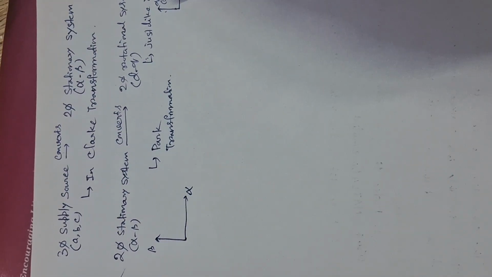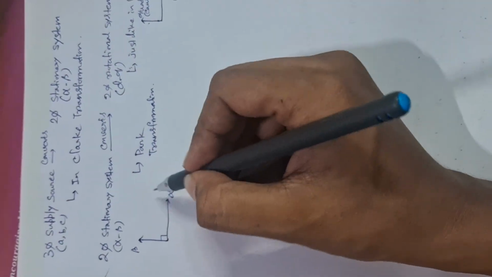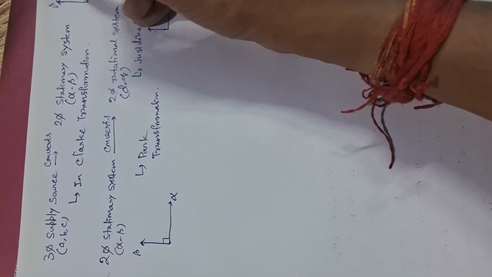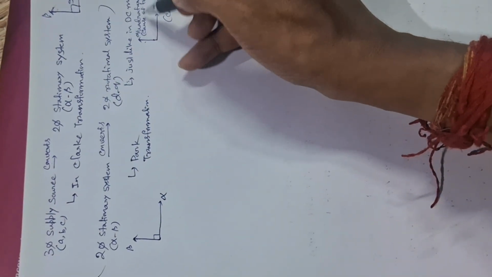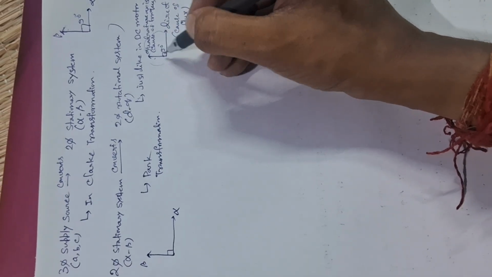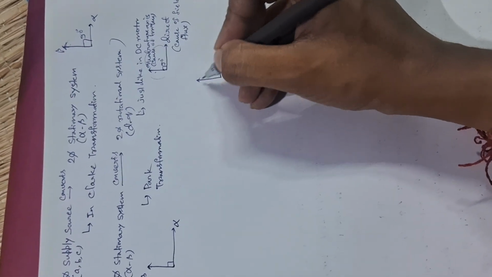Now the basic idea is that this is the two-phase stationary system, with alpha and beta 90 degrees apart from each other. Then this two-phase stationary system is converted into a two-phase rotational system, just like in a DC motor, which is 90 degrees, and this whole part actually rotates.